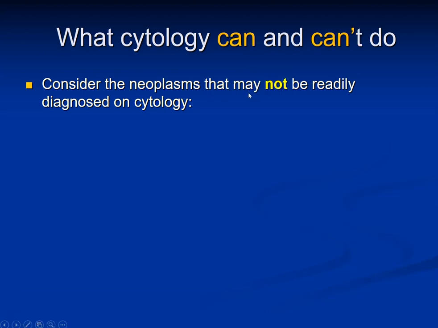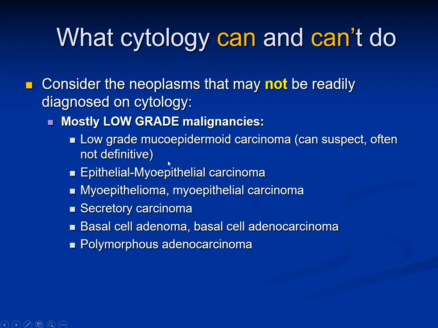And consider the neoplasms that may not be readily diagnosed on cytology. So mostly these will be low-grade neoplasms, including benign lesions as well as low-grade cancers, which fall into mucoepidermoid carcinomas, epithelial-myoepithelial carcinomas, which may have a basaloid appearance, myoepithelial neoplasms, benign and malignant, because the malignancies can be well differentiated, and we would really require looking at the tumor interface with the rest of the salivary gland, similar to the context of basal cell neoplasms.